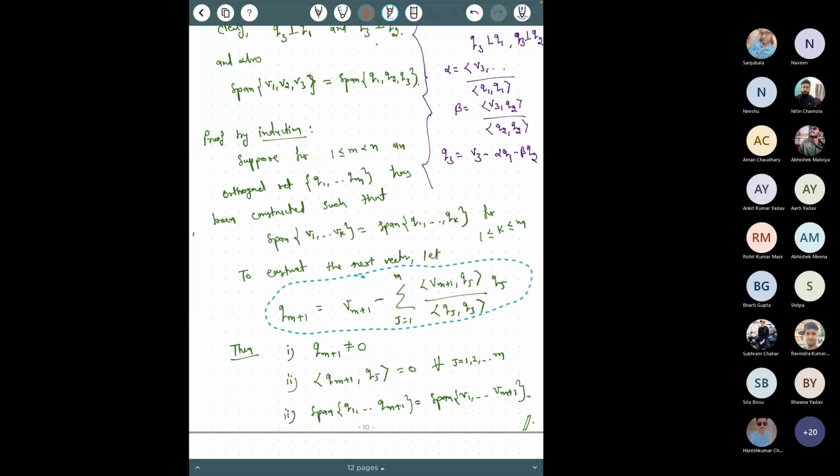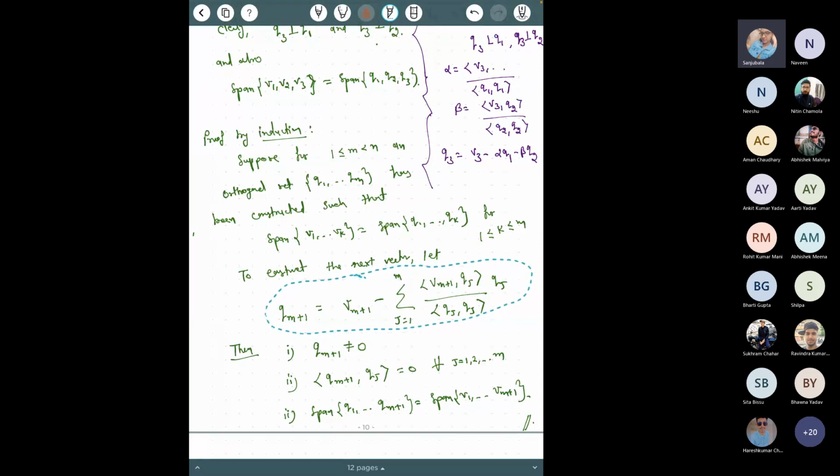Now suppose that vm plus 1 is not 0, but it is in the span of v1 to vm. Then what? So then again qm plus 1 equals 0. I did not hear you, can you please repeat?